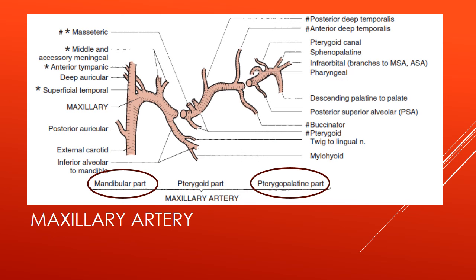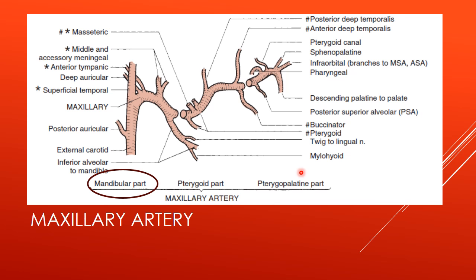The third branch of the external carotid artery is the maxillary artery. The branches of the maxillary artery can be considered in three parts. The mandibular part and the pterygopalatine part are directly involved with the blood supply of the mandibular and maxillary teeth, while the pterygoid part provides blood supply to the muscles of mastication.